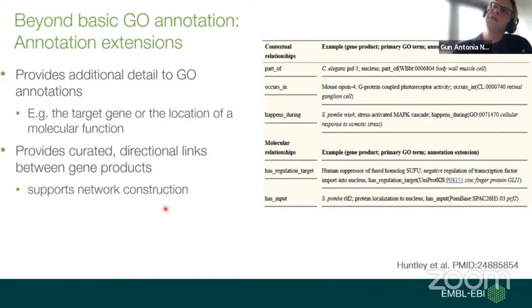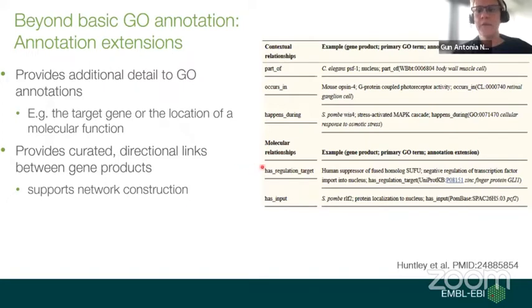So in recent years, there's been some developments to provide more detail to the GO annotations. So the GO annotations are quite flat. There are these statements that this gene localizes to this part of the cell, or it does this function, or participates in this pathway, and there's no real connection between the different annotations. So the annotation extensions function partly to put gene targets onto a function, but also to connect different annotations to each other.